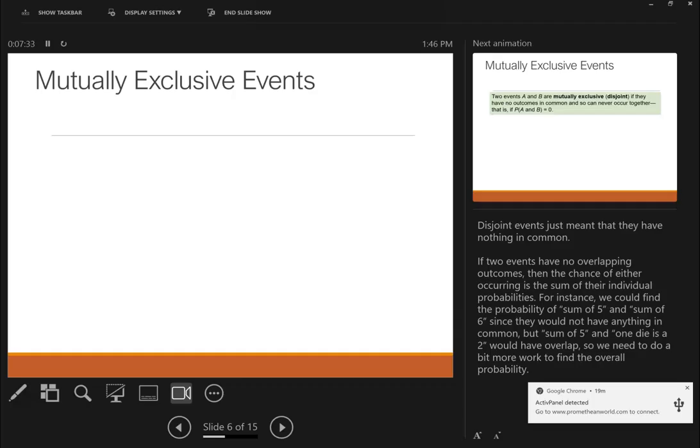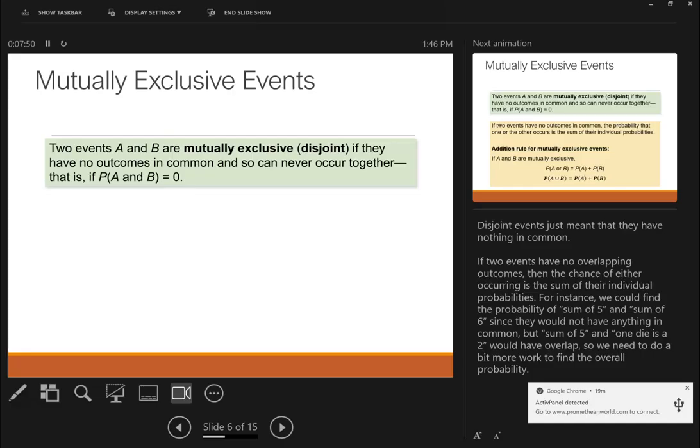Mutually exclusive events. We talked about mutually exclusive last time. Who remembers what that means? The name kind of says it. That's right, they have no overlap. The intersection is empty. They are disjoint. All of those mean the same thing.